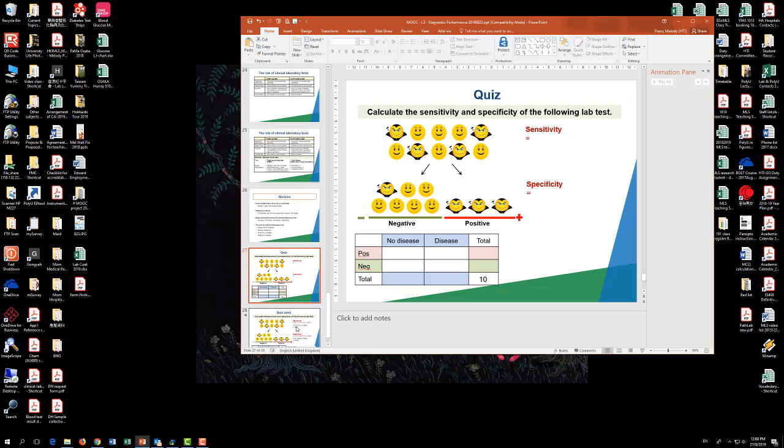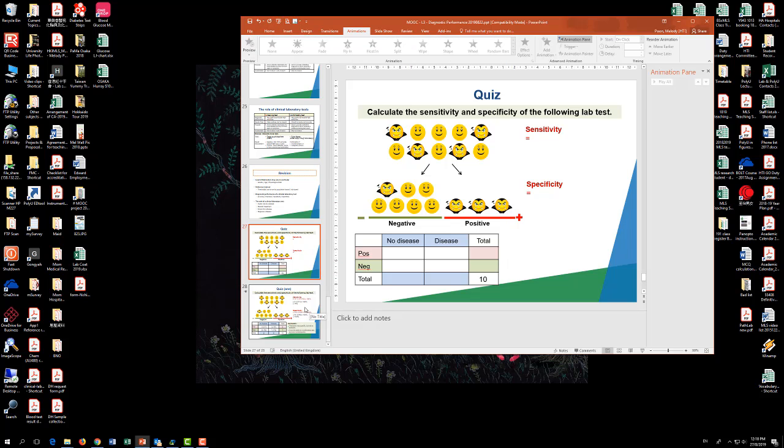Finally, there's a quiz. Please calculate the sensitivity and specificity of the following lab test. In this population, there are 5 normal people and 4 diseased people. Finally, this test can find 3 of the diseased people as positive, but 1 of the diseased people as negative.